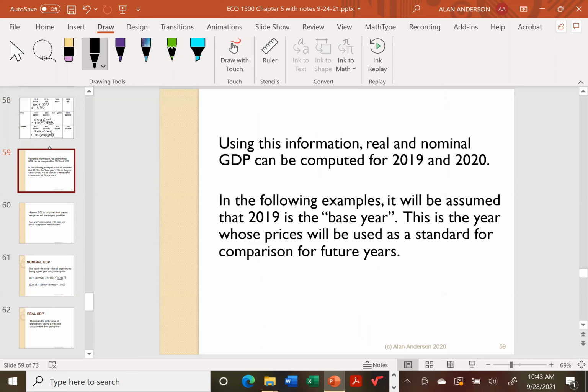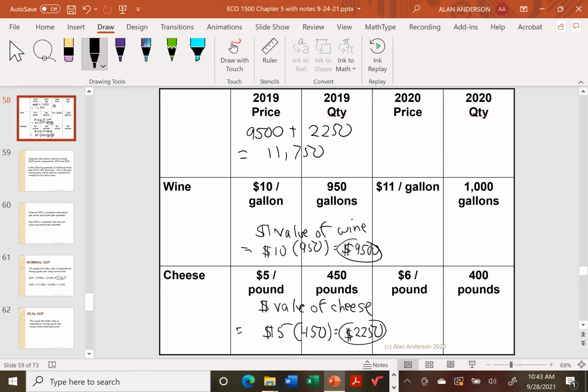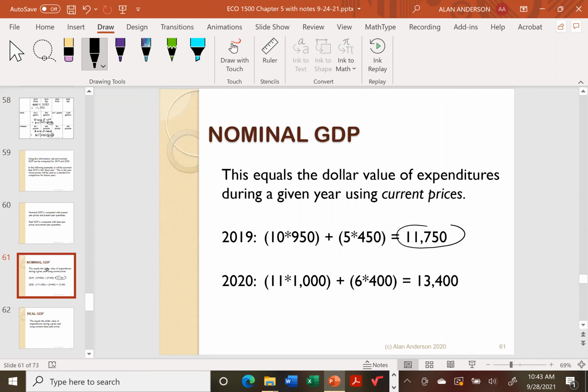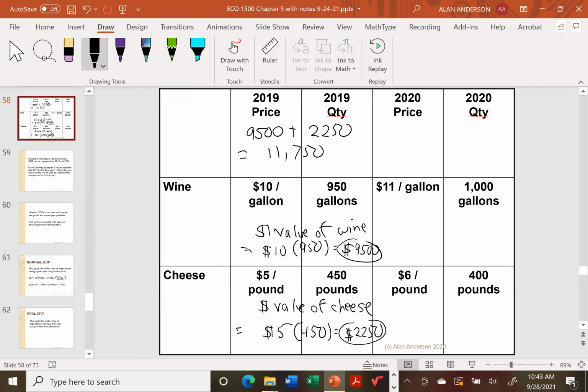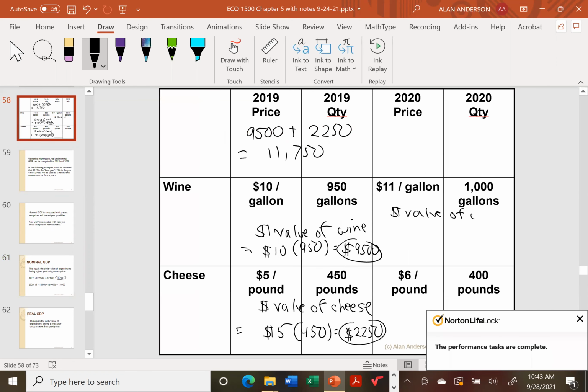Okay, now, what about 2020? So in 2020, we do the same thing except with the new numbers. And we've got 11 times 1,000 or $11,000.